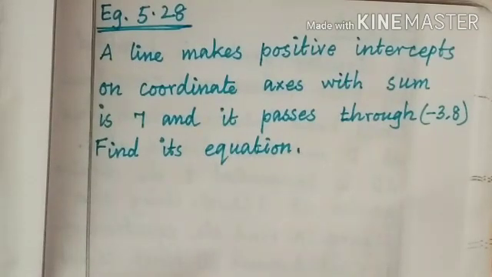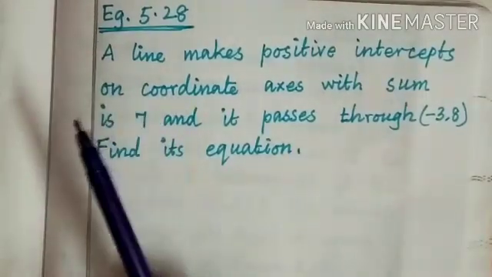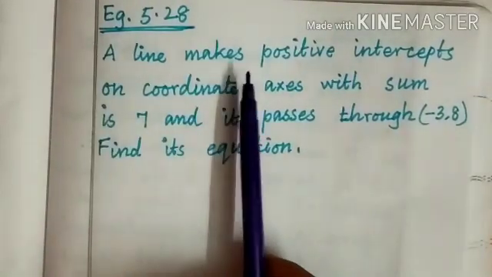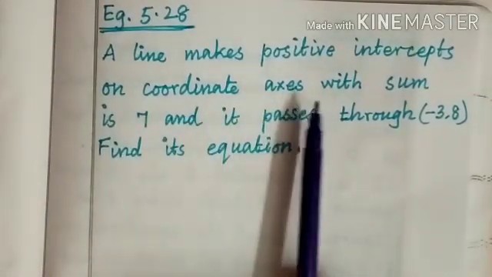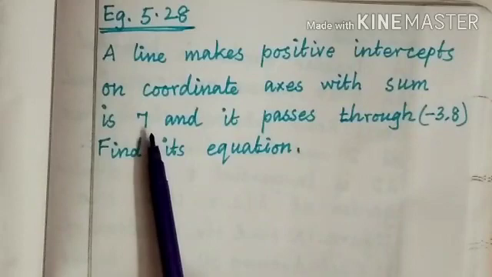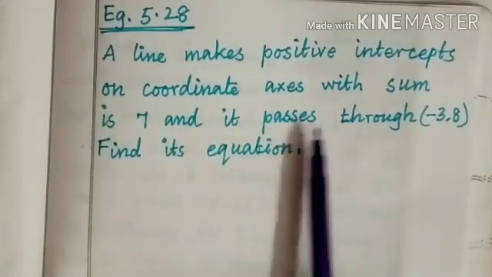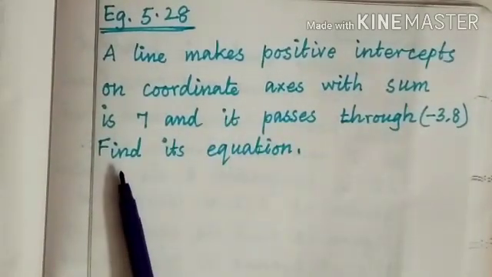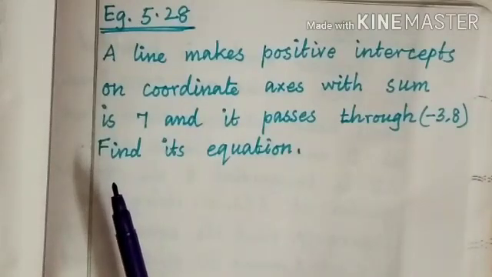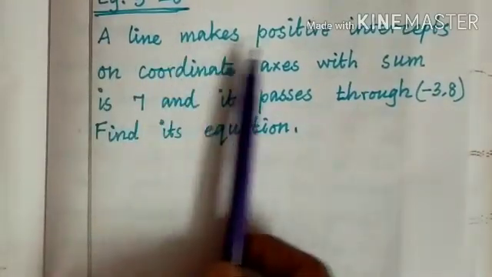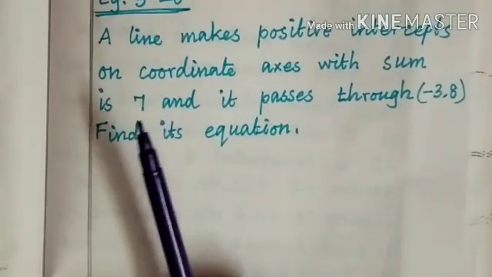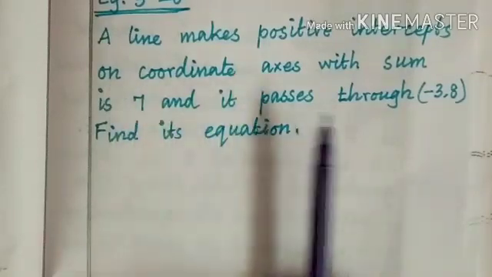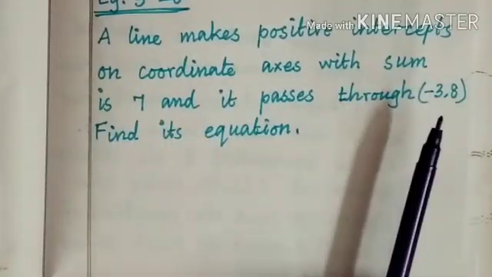Now we move on to the next example, 5.28. See the question. A line makes positive intercepts on the coordinate axes with the sum 7 and passes through minus 3, 8. Find its equation. In this question, a line makes positive intercepts with the sum 7 and it passes through the point minus 3, 8.